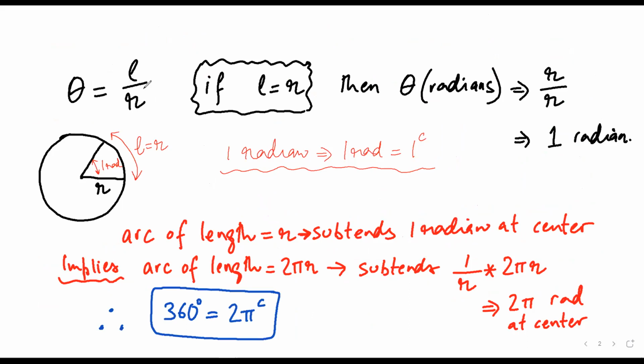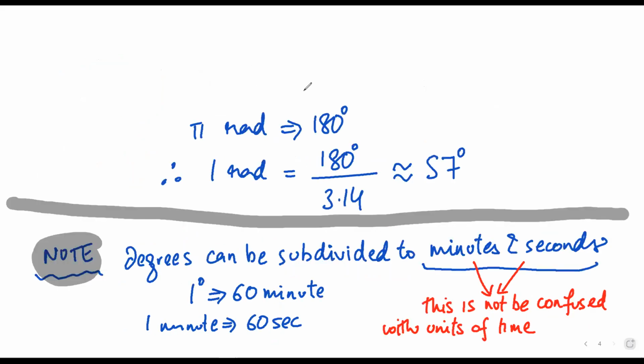Now, theta is equal to L upon R, this is the definition from the previous slide. Let me take the length of the arc equal to the radius of the circle of which it is part. Avantika, have you understood? It is pretty simple. Let me take any random circle.